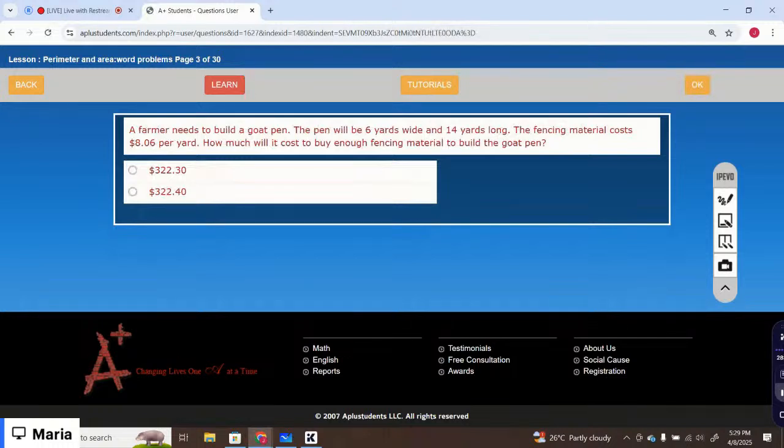A farmer needs to build a goat pen. The pen will be 6 yards wide and 14 yards long. The fencing material costs 8.06 per yard. How much will it cost to buy enough fencing material to build the goat pen? So which is the correct option?